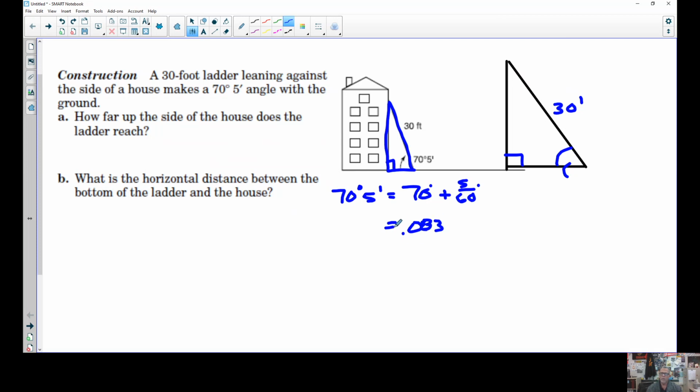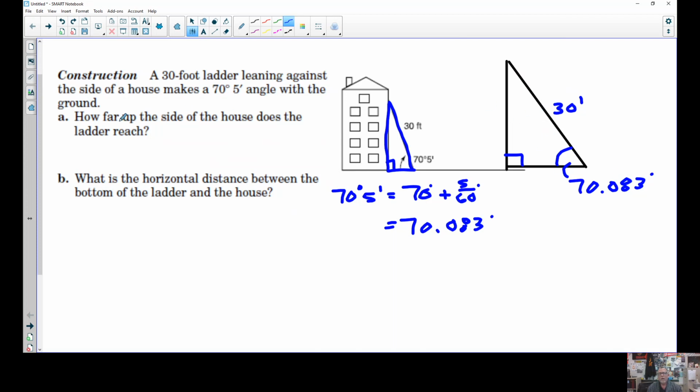So 70 plus 0.083 is 70.083 degrees. I tend to go out to at least 3 decimals. That way, it usually wants these to the nearest tenth, the final answer, so if I go 3 digits, I should be good in my final answer.